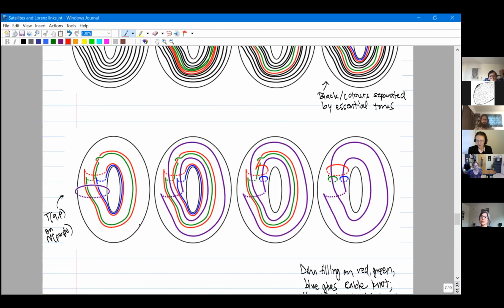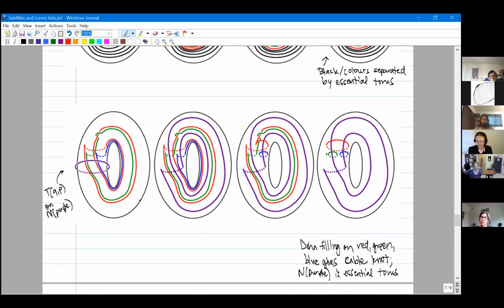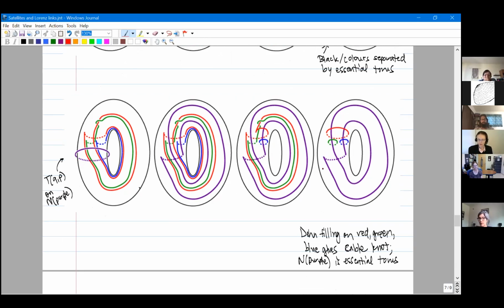And so then we can do the Dehn filling independently, and we end up with a cable knot again. But because we now get multiple of these unknots to work with, it means that we can make the companion a different T-link. Okay, so we've turned our companion into a T-link.